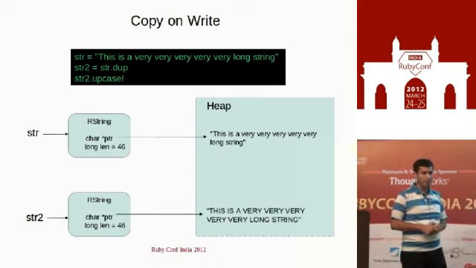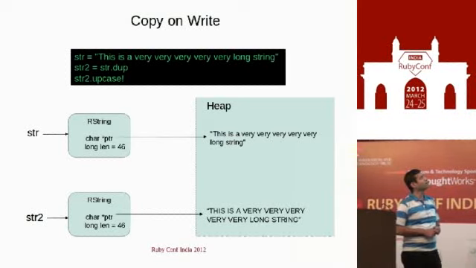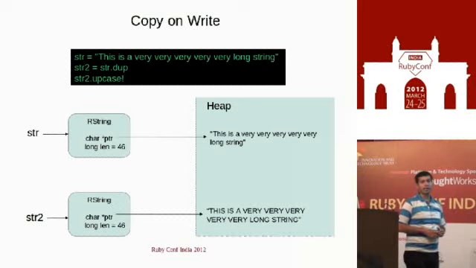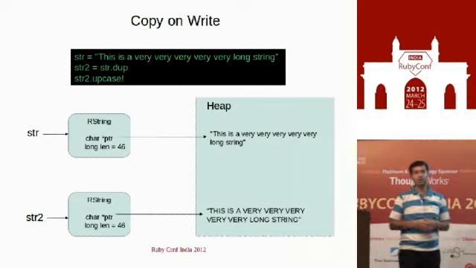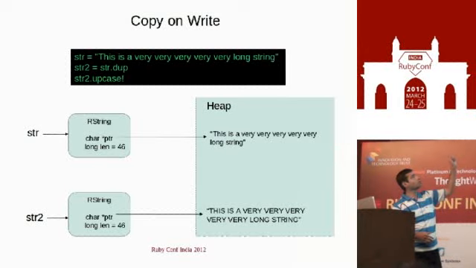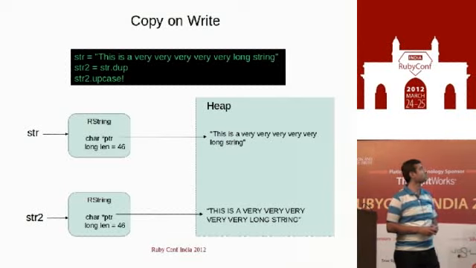Now this CopyOnWrite is a technique which is implemented in both 1.8 and 1.9, and this is very nice because you need not create extra strings unnecessarily. So what will happen if I create a new string object with str.dope and I try to modify the data of that, the string data?